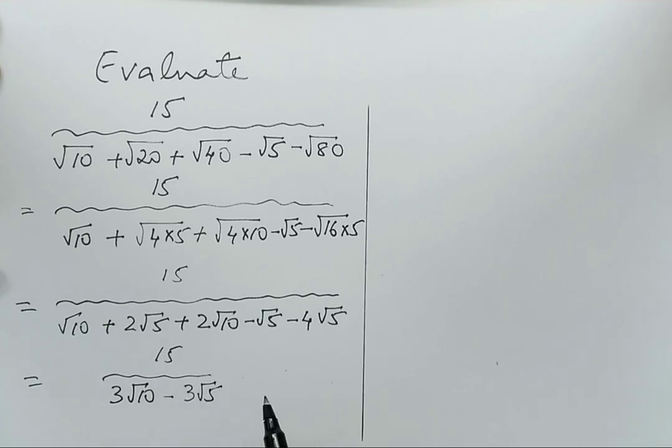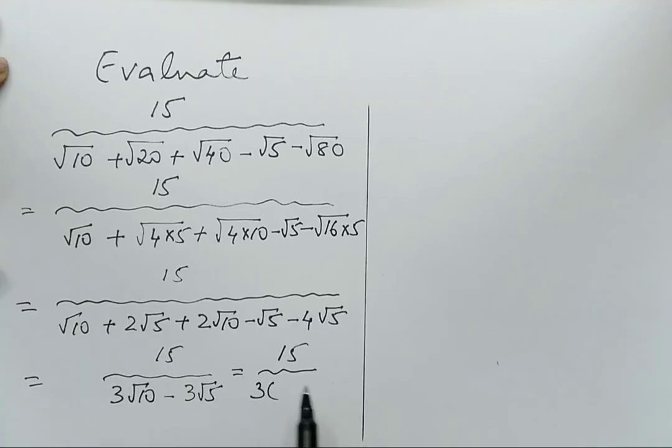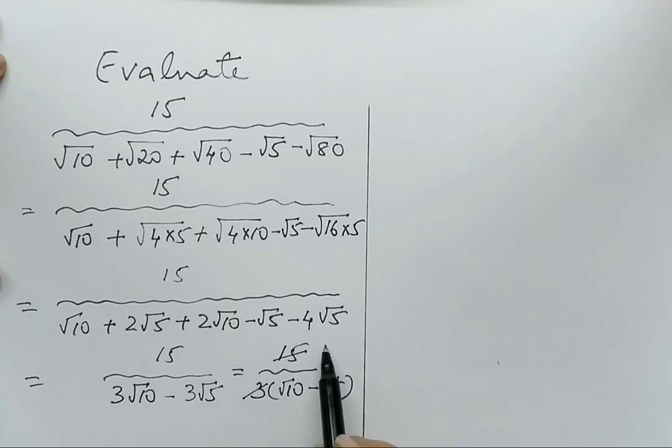Got it? So having written that, we can go to the next step conveniently about pulling out 3. So 3 times root 10 minus root 5. Clear, guys? So the next step would be to make this even more lighter, which is cancelling 15 by 3, 5 times. Clear?